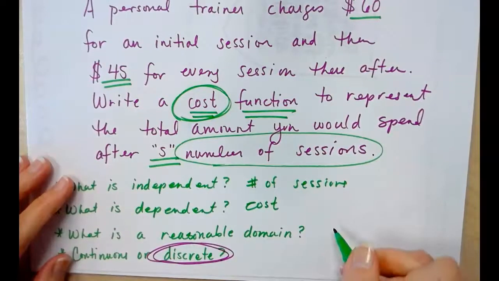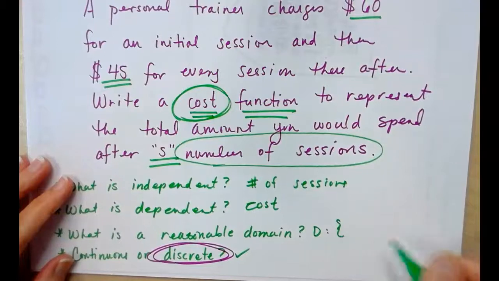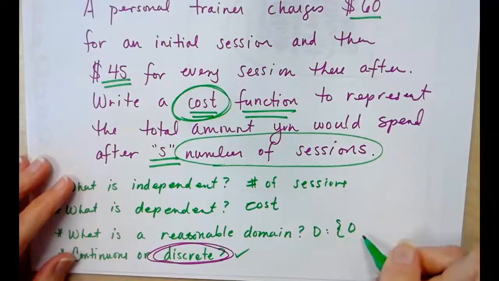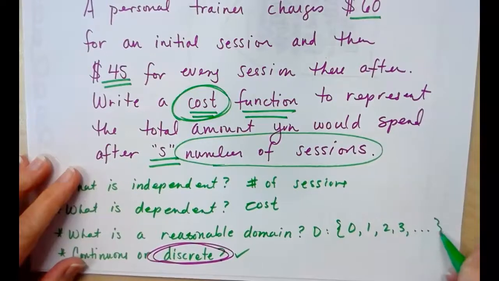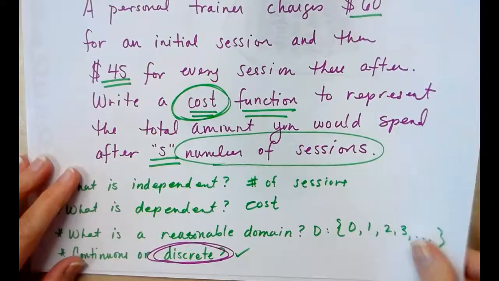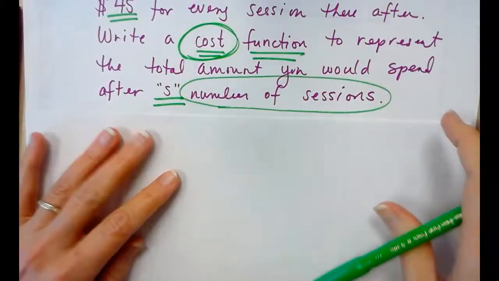So a reasonable domain, since it is discrete, means that our domain once again will be in roster notation. Maybe we don't ever go. That means $0. Maybe we only go once or twice or 3 times, but our reasonable domain is going to start with 0. So now let's think about all of that and let's try to write our cost function.